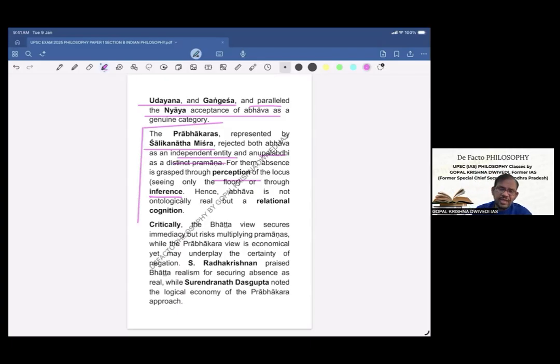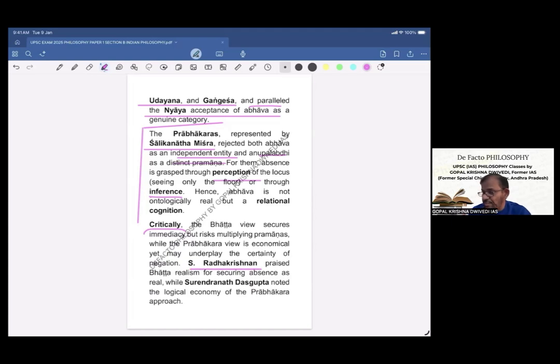Now we'll try to critically find out who is correct, who is wrong, and what are the pros and cons of both views. Critically, the Bhatta view secures immediacy but risks multiplying pramanas, while Prabhakara's view is economical yet may underplay the certainty of negation.